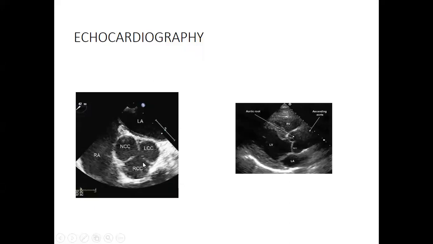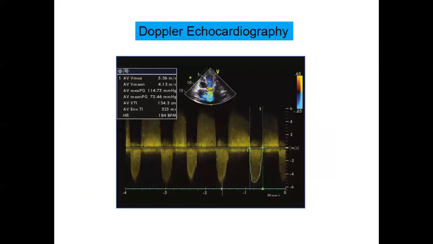So these are the methods by which you can evaluate the aortic valve anatomy. And this is the Doppler echocardiography signal. By applying different methods and modes of echocardiography, you can calculate whether this patient has mild, moderate, or severe disease. In this picture, you can see this envelope is being measured.